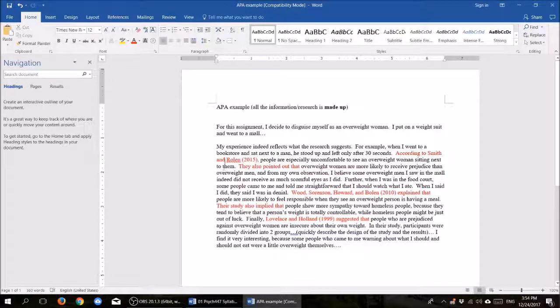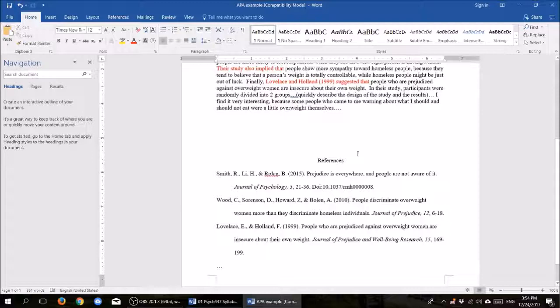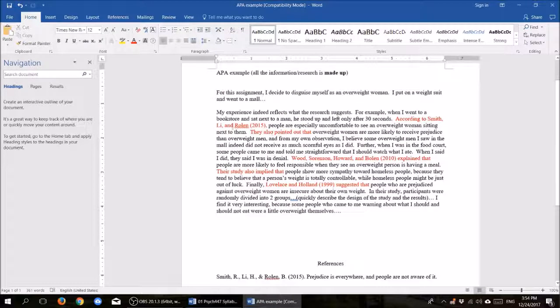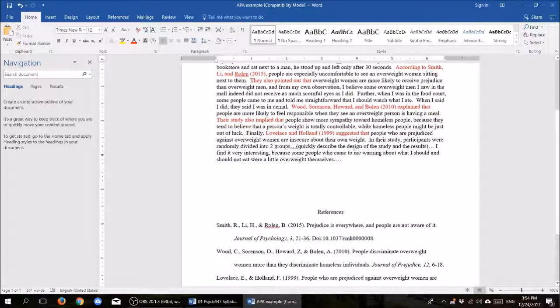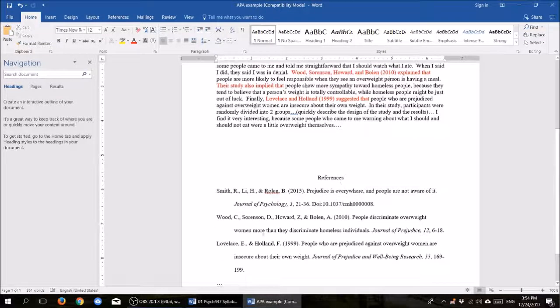According to Smith, Lee, and Roland, so here it is cited in this paper, so that's good. Now, how about Wood, Sorensen, and so on? Is this study cited? It's cited right here. So that's good. Lovelace and Holland, it's right here. All right, so that's good.